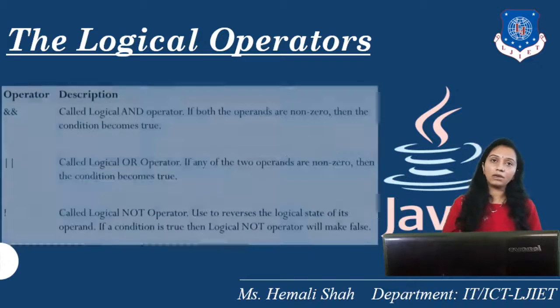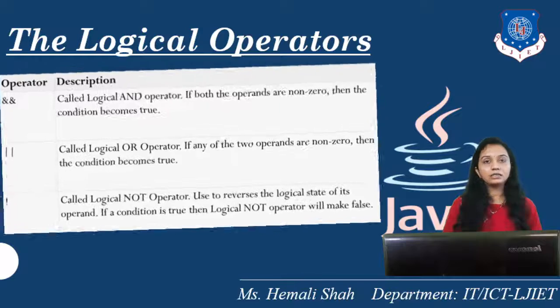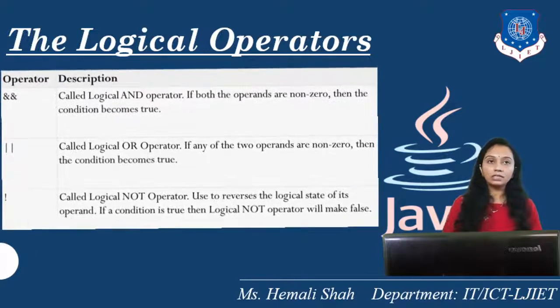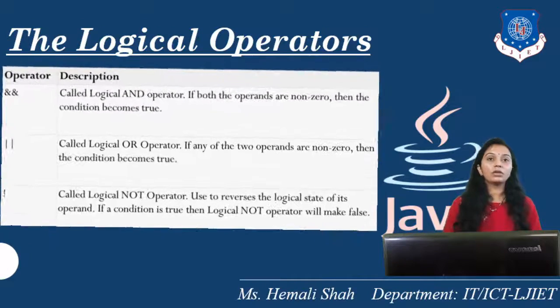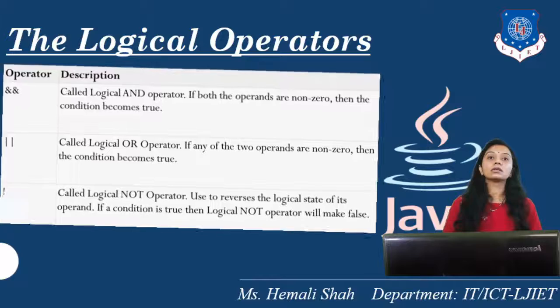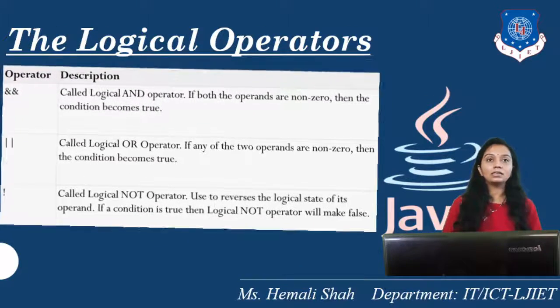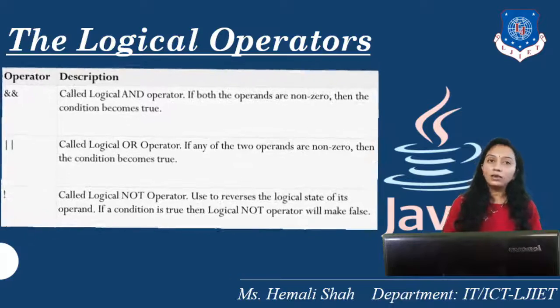Now, the logical operators: AND, OR, and NOT are basically used between more than one condition, and they are called short circuit operators. The conditional AND is the logical AND operator.